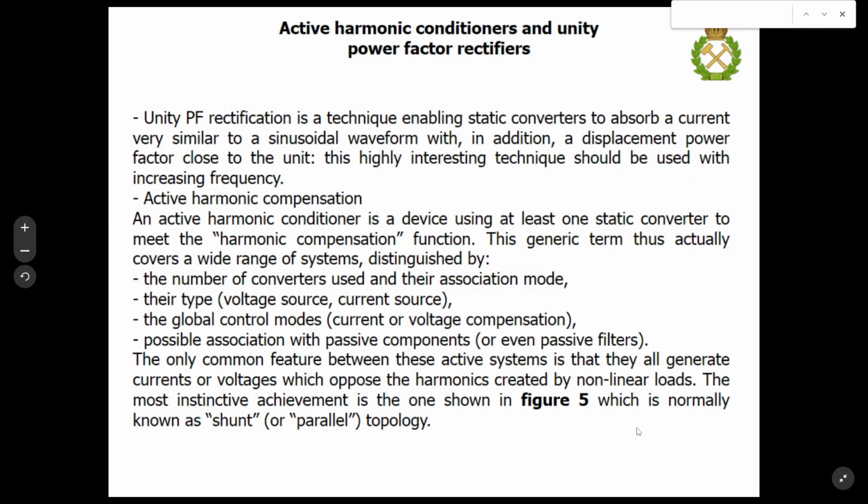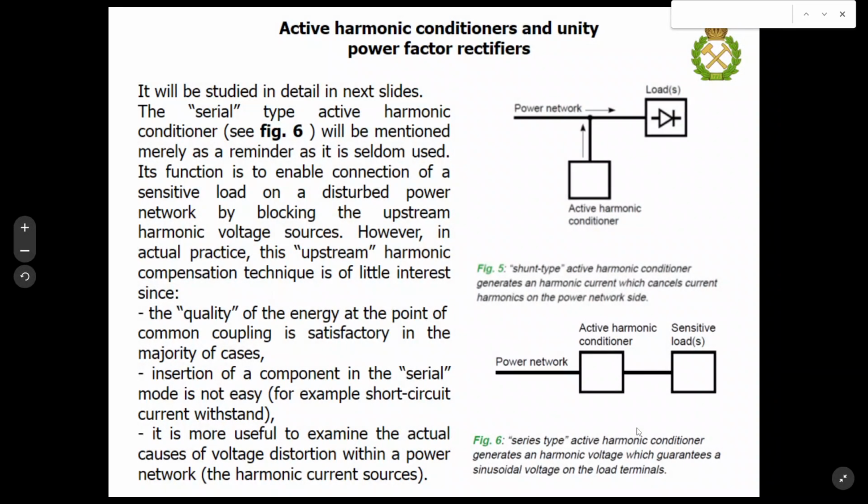Let's consider active filters. The main types of such filters are the shunt type filter and series type filters. The main topologies you may see here in this slide.